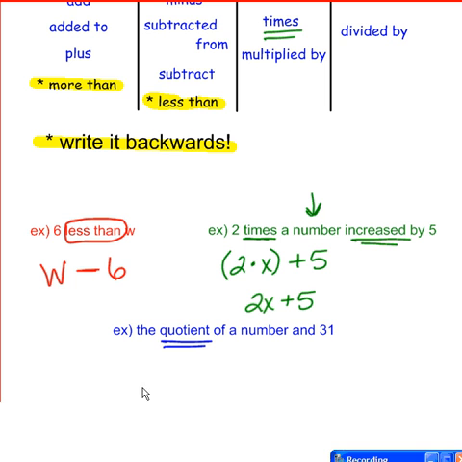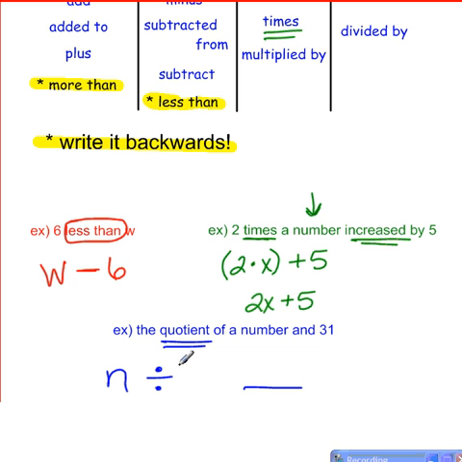So we can do a couple of things here. Division, to me, you can use your little division sign, or you can use a fraction bar. We've talked about a lot of fractions so far, so either one of these would work. With division, it kind of goes in order. So a number, I'm going to say n this time to represent a number. We don't know what it is, it's unknown, but a number and 31.